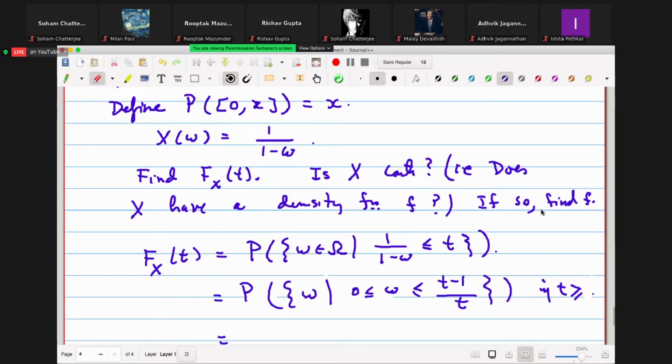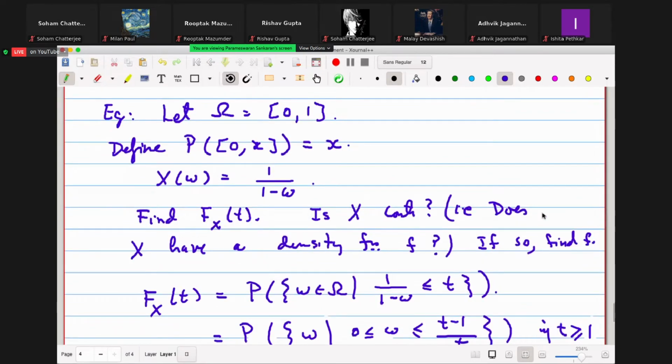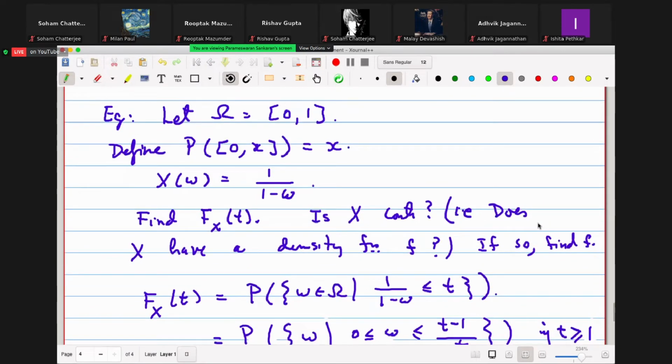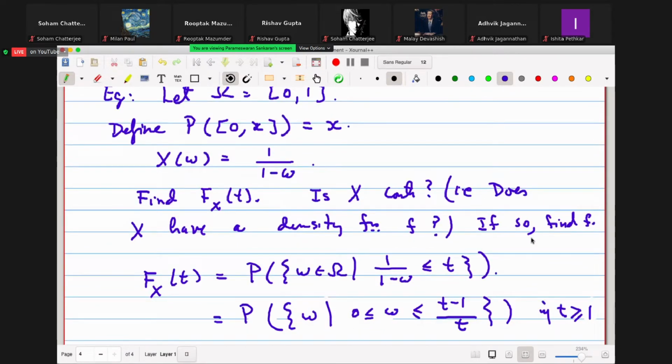Okay, and in that case, what is the probability? So whatever this is, that interval 0 to t minus 1 by t. Okay, and that is just x, t minus 1 by t.